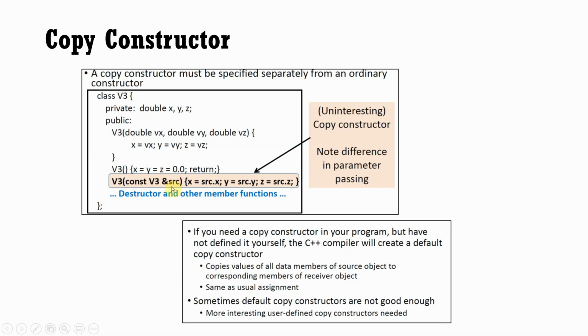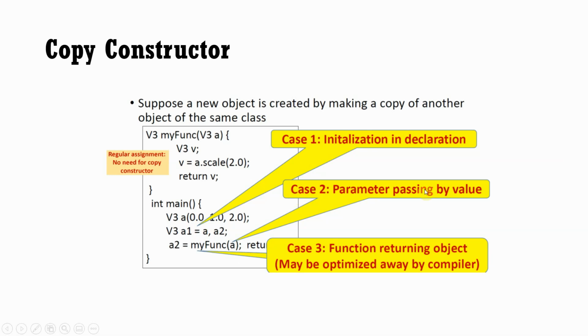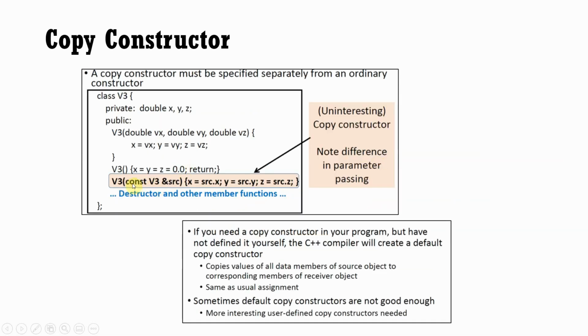Why is this the case? Because if we pass this by value, if you remember, I mentioned that the second case where the copy constructor is called is when you pass an object to a function by value. So if we define our copy constructor and we forget to write this ampersand, and instead pass by value, we are going to end up with recursion.